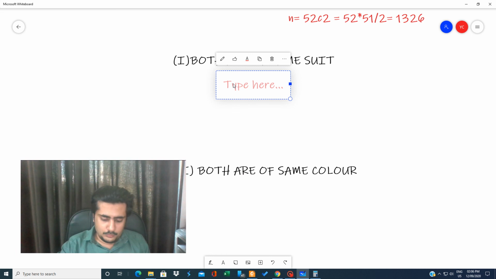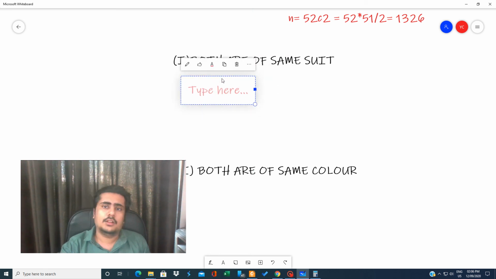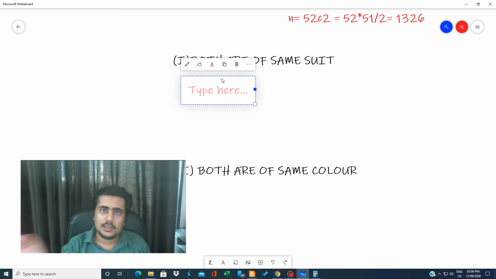Now both are of the same suit. What does same suit mean? There are a total of four suits: spade, club, diamond, heart. You are selecting two cards and your two selected cards should be of the same suit.